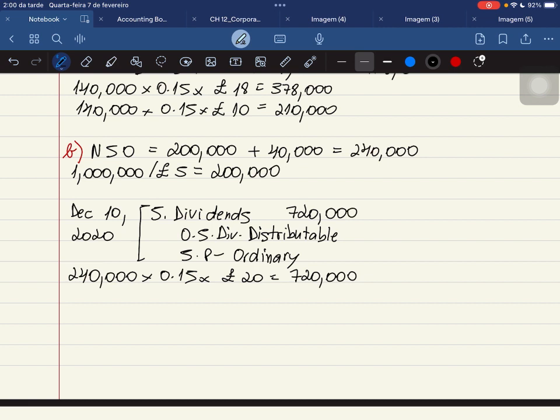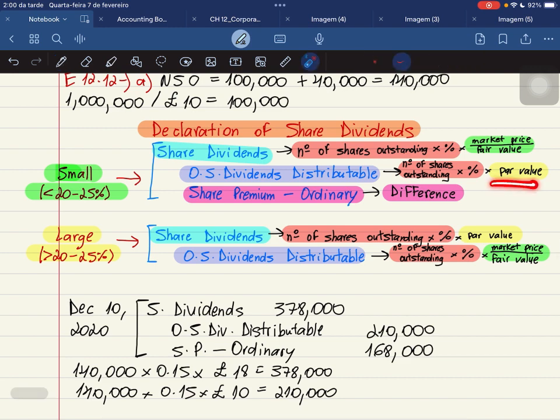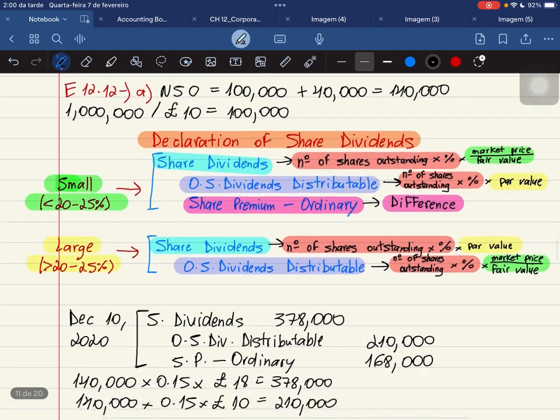For the ordinary share dividends distributable, same thing, right? There's always a number of shares outstanding times the share dividend times, in this case, par value of 5 pounds.